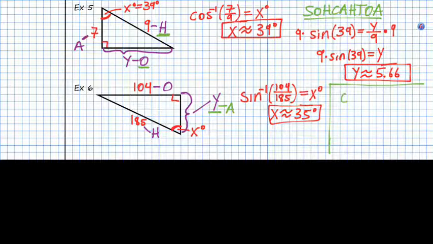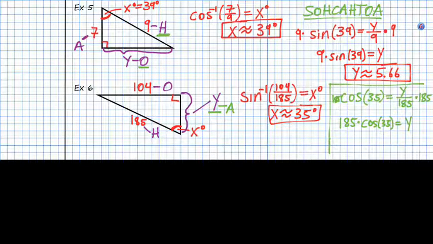So I can say that the cosine, now that I know my degree, cosine of 35 degrees is equal to my ratio. I have my adjacent side, which is my missing side, y, over my hypotenuse, which is 185. So we multiply both sides by 185, and what we'll see is 185 times the cosine of 35 is equal to y.